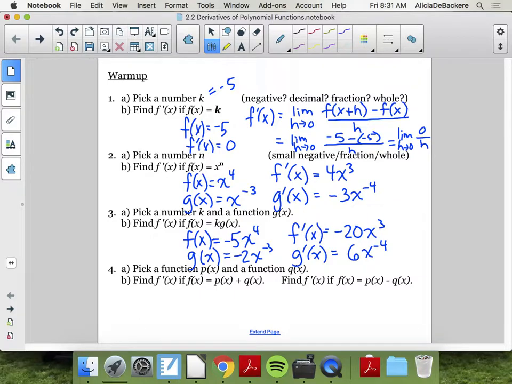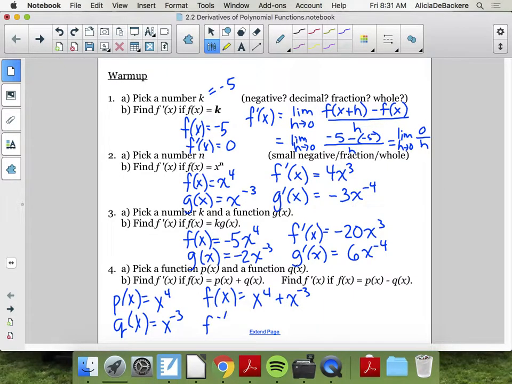At the bottom of the page, picking two functions, p at x and q at x. So if I pick p at x is x to the power of 4 and q at x is x to the power of -3, then I can take the derivative. My f at x would be x to the power of 4 plus x to the power of -3.